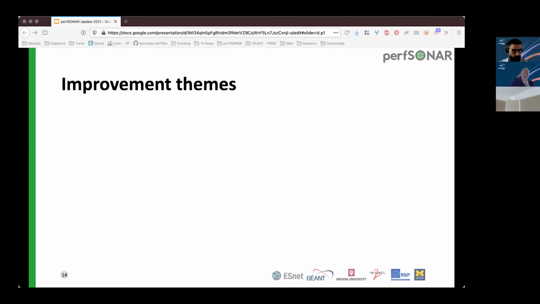So if we look at the list of improvements and requests that you had, we can gather that into different themes. I think there were 5 different ones. So one was clearly about improving our documentation.